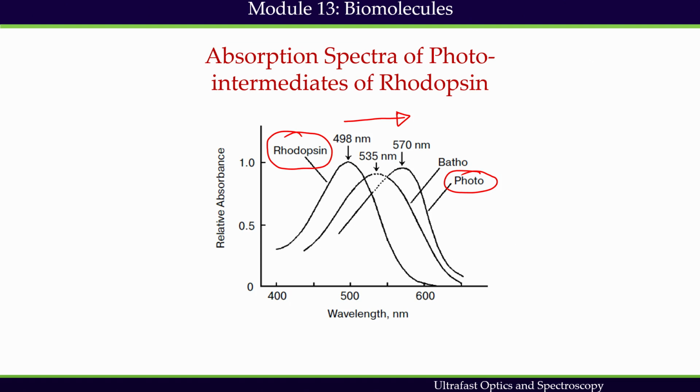If after photoexcitation we find that the product is absorbing at 570 nanometers, we confirm that this is the all-trans product. And if we are seeing absorption at 498 nanometers, it means that we have rhodopsin, which is cis. So this is your cis form and this is the trans form.